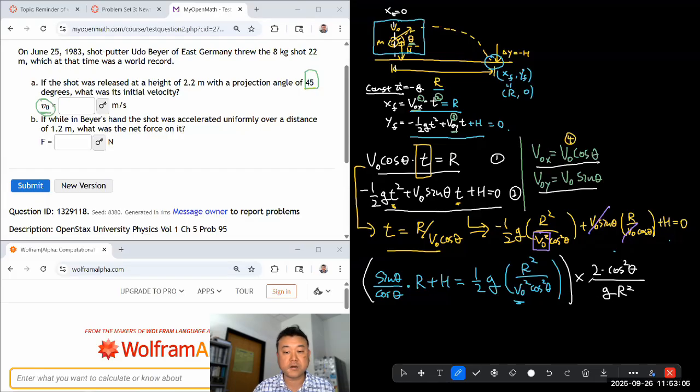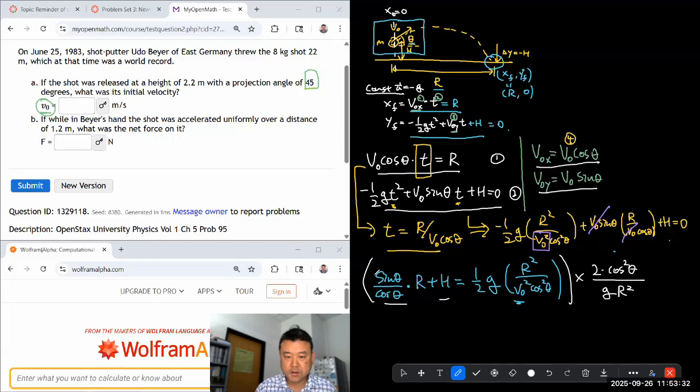What I'm doing here is basically coming up with the right factor to cancel out the 1/2, to cancel out the r squared, to cancel out the cosine squared, to cancel out g. That leaves me with just the v naught squared in the denominator. And as I do that, I have to remember to do this product on the left hand side to these two terms. So let me do it this way.